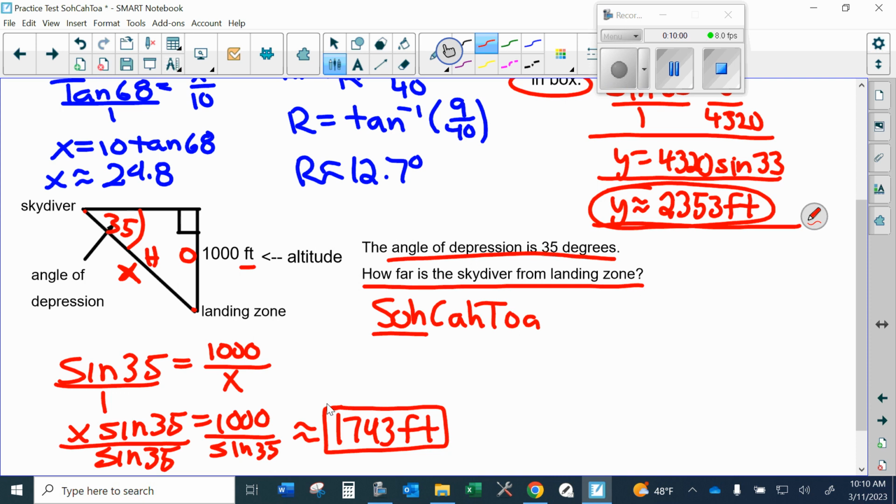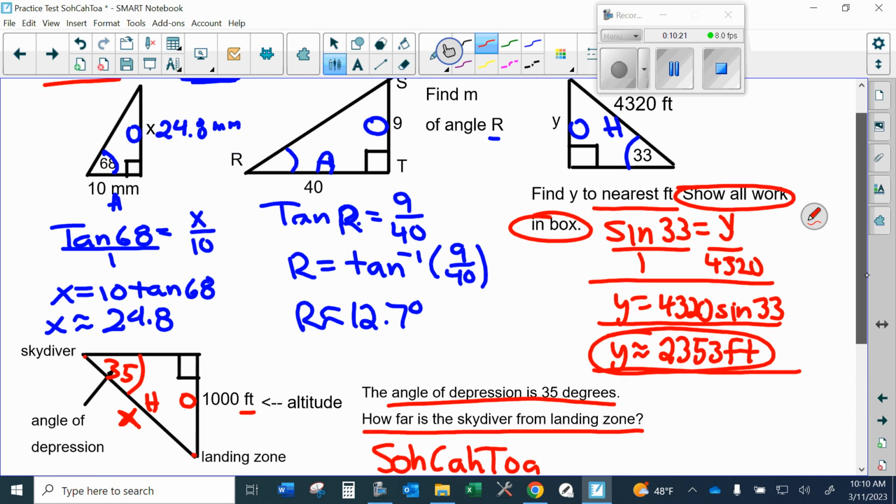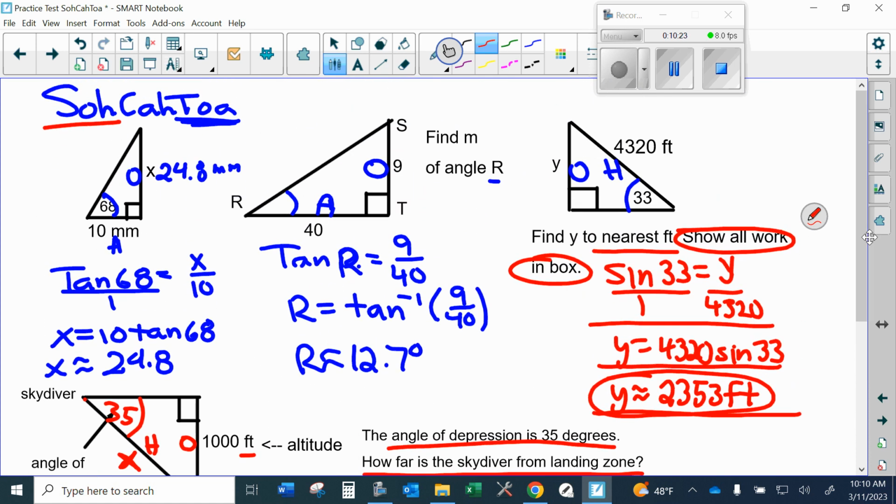Again, you could go through and practice these again from scratch, work it out, make sure you're writing SOHCAHTOA down each time. Then you go ahead and identify in your SOHCAHTOA which two pieces, the one you're given and the one you're looking for, and underline that so you can then see which trig function. Notice I did that each time. We underlined the sine there when it was O over H. We underlined the tangent there.